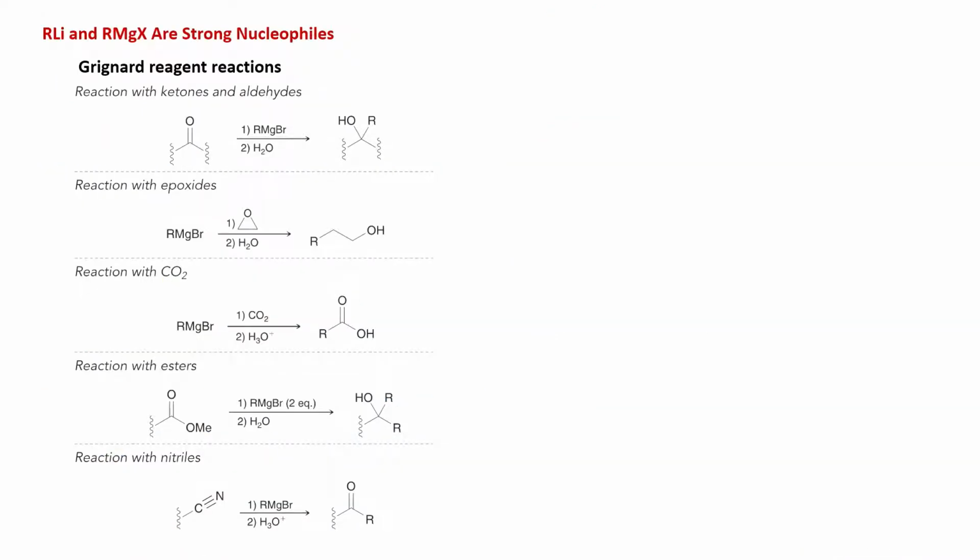Some other reactions of Grignard reagent. So ketone reacting with Grignard reagent will give you tertiary alcohol. So this is the mechanism. This is your ketone. We know oxygen is a little bit electronegative.